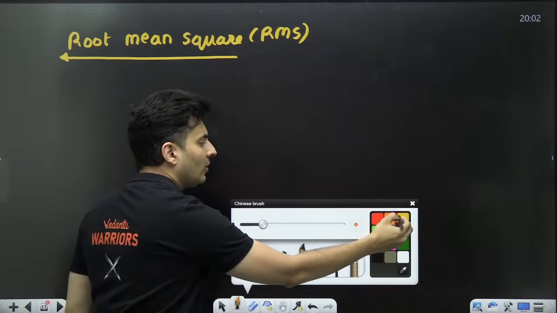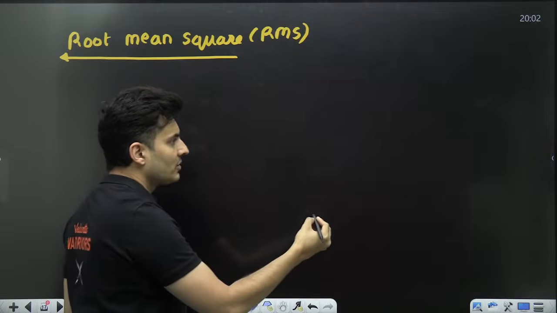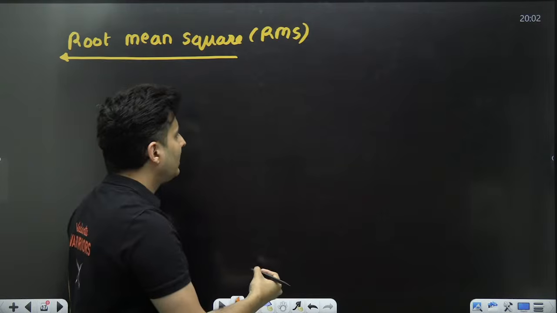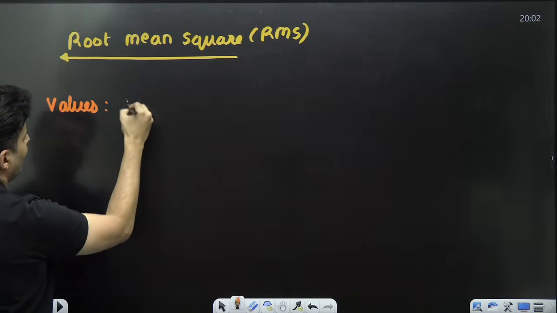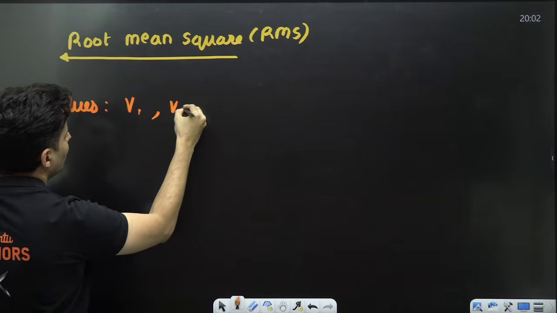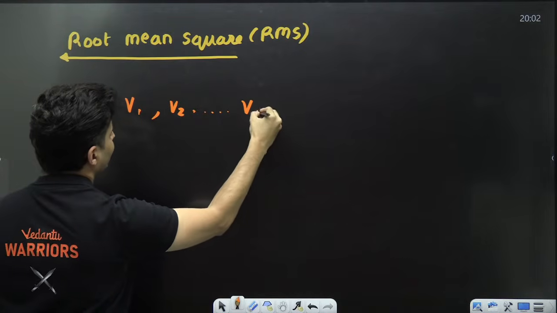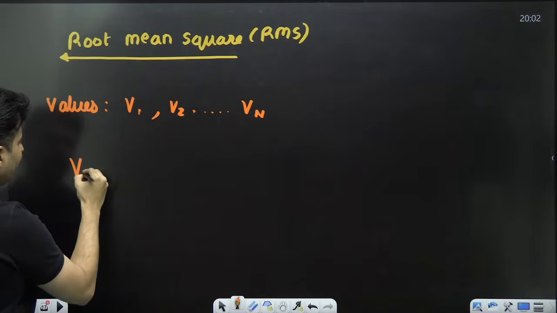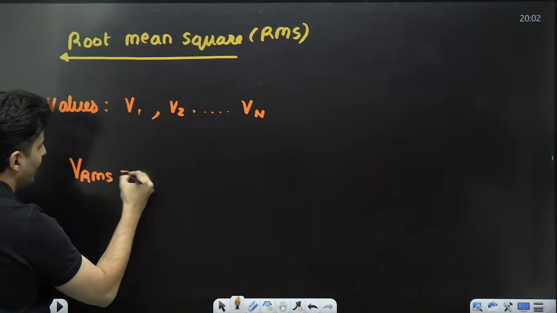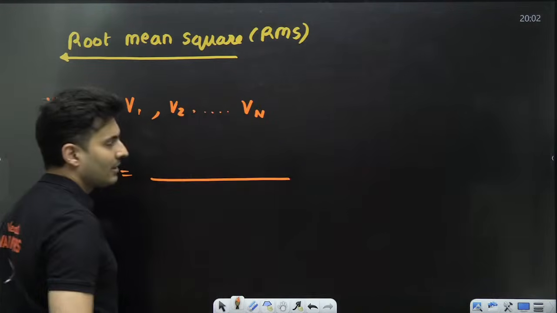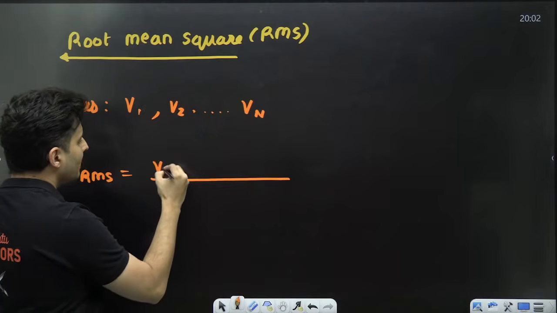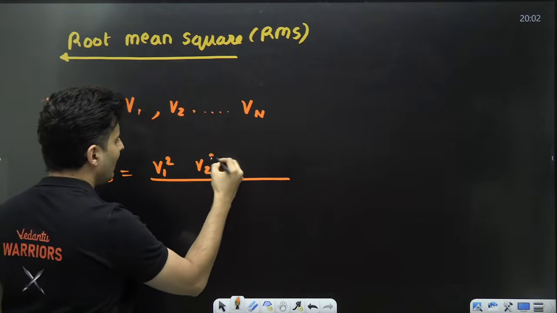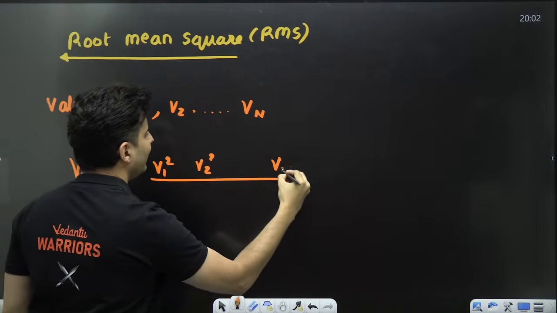That's all. So imagine there are some values, like for example, the values given to me are V1, V2, V3, etc. till Vn. Then the V_RMS value is: first square all these numbers, V1 square, V2 square, V3 square, Vn square.